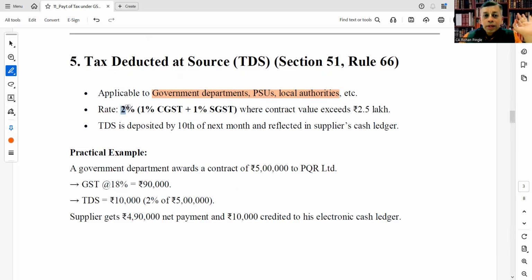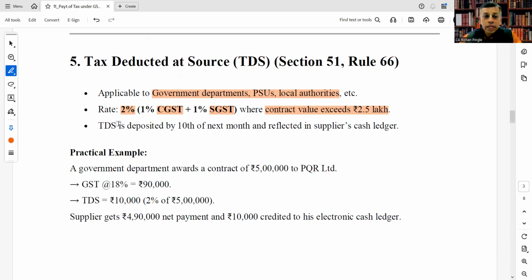The rate is 2%, that is 1% CGST and 1% SGST, where the contract value exceeds rupees 2.5 lakh. Only then is this TDS applicable.